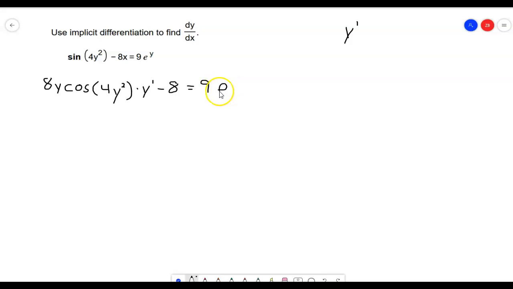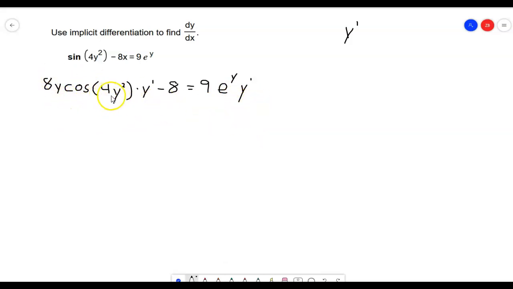So that's just e to the y times the derivative of y, which is just 1, right? So times 1, but since I took the derivative of the y, I have to also multiply by a y prime.